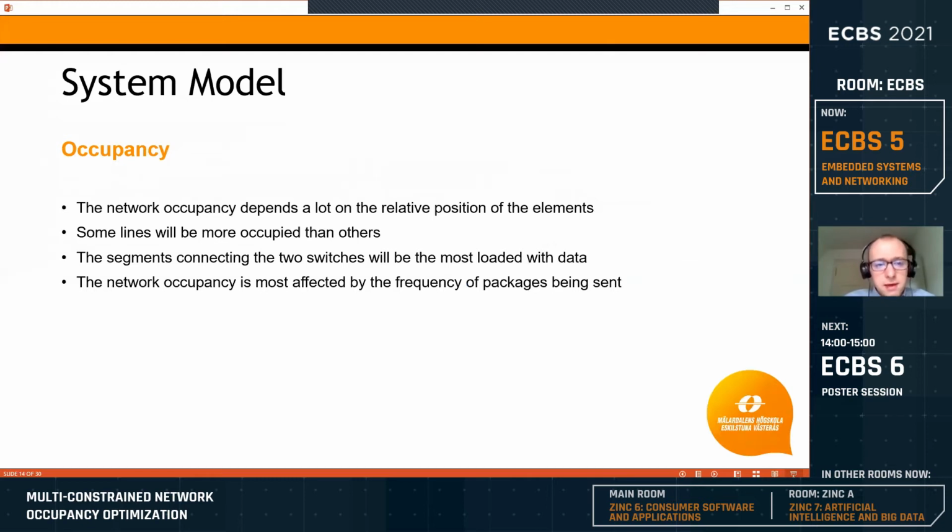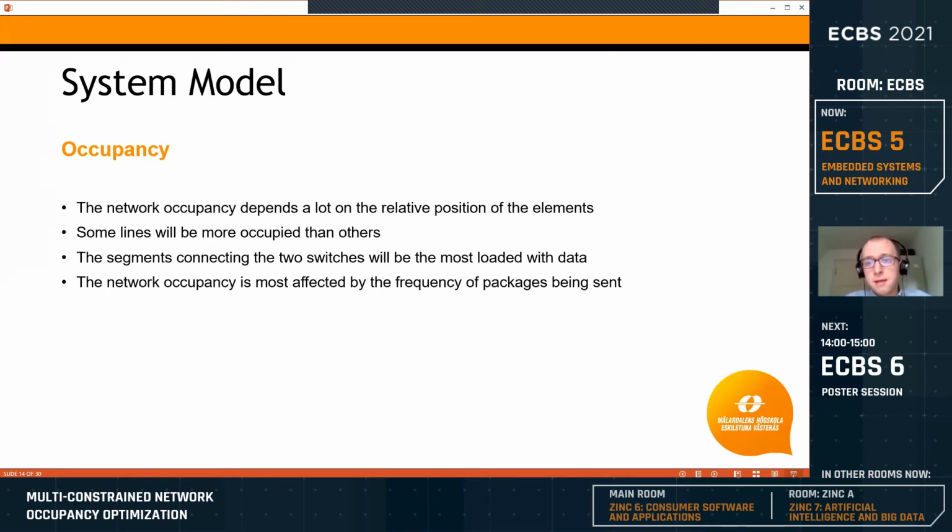Regarding the occupancy, as I already mentioned, it is the amount of data that flows through part of the network in a given time interval. Here we measure time occupancy per segment. So network occupancy is the amount of data that flows through the segment in a given amount of time.